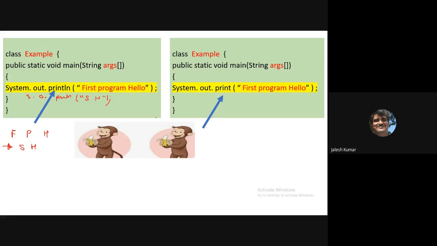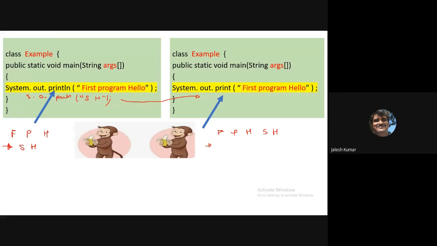But if you give System.out.print, you will get F P H, first program hello, and after that if you type the same statement, you will get S P H right there itself, because the cursor will not go to the next line. After S P H it will go to the next line, because you wrote println.